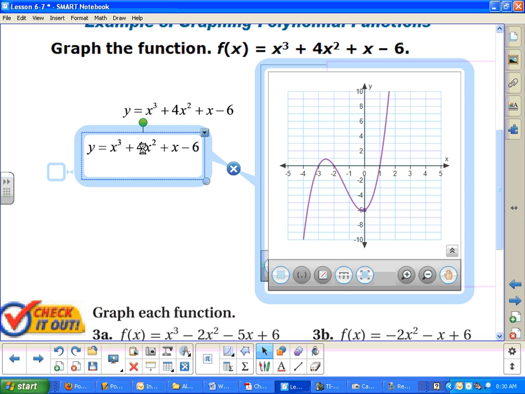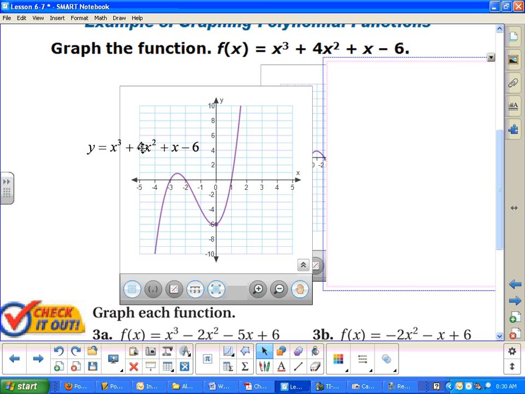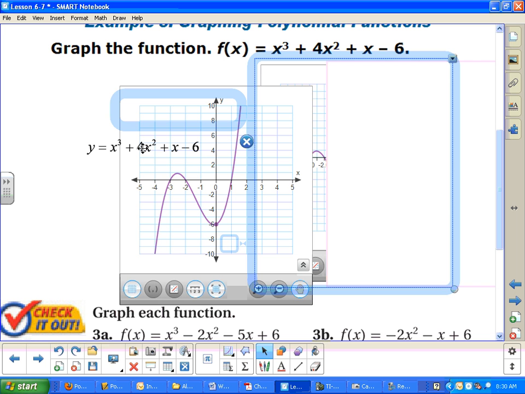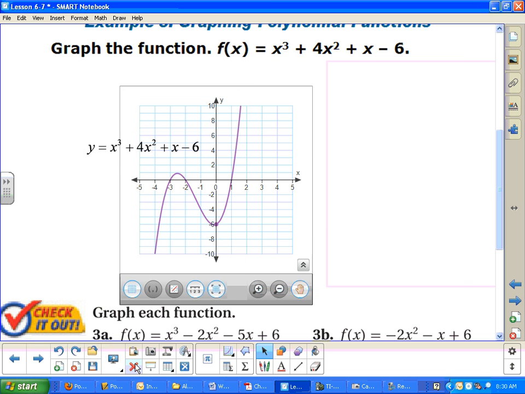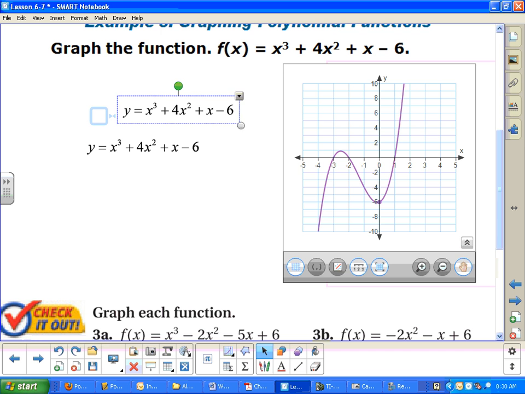Looks like that, right? You didn't know that you could do that, did you? All the really cool things you're learning in this classroom. Yeah, I don't know where that was. Get rid of that. Okay, here we go. So the graph looks like this. That's pretty cool, isn't it?